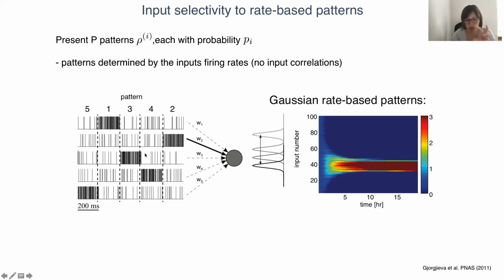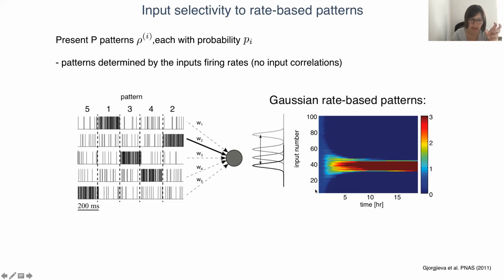So we effectively show each of these different patterns, let's say they correspond to different orientation selectivities, by just elevating the firing rates. And what we see is the gradual strengthening over time of one of the synaptic connections. Time is here on the x-axis, and we can look at the input number.